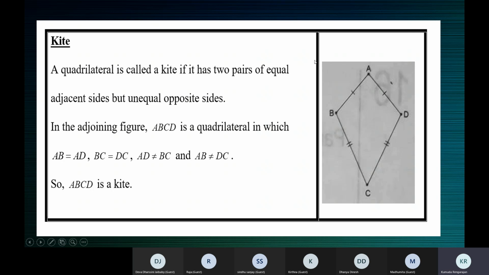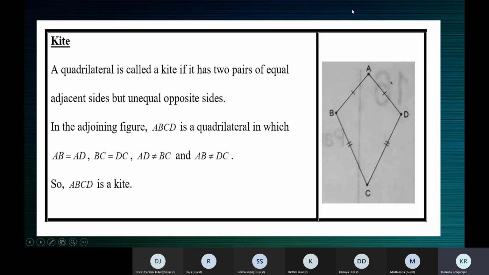Let's do it like this to understand these words. How many pairs of equal sides does a kite have? One pair or two pairs? Two pairs, ma'am. Okay, two pairs. So two pairs of adjacent sides are equal, not opposite.